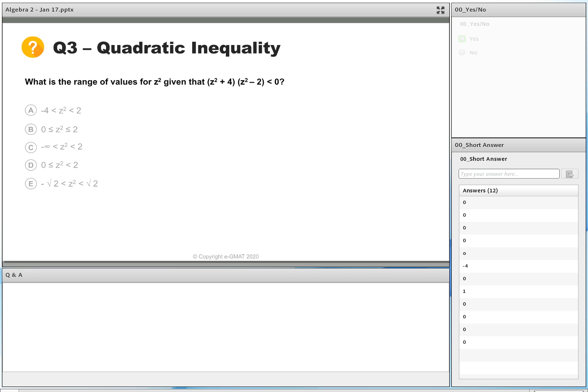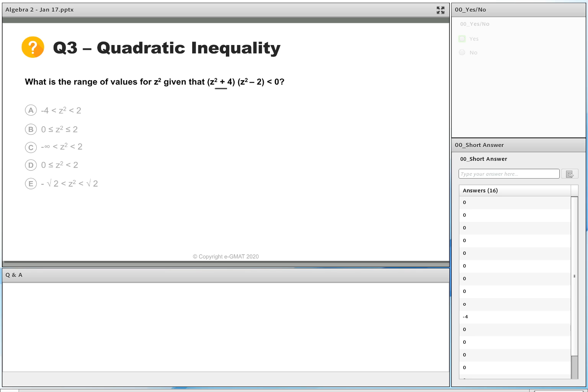Because z square is a perfect square, and we know that all perfect squares have a non-negative value. What is the smallest non-negative number? It's equal to 0. And that's why we can say that z square is either 0 or greater than 0. With that, we have a 4 attached.